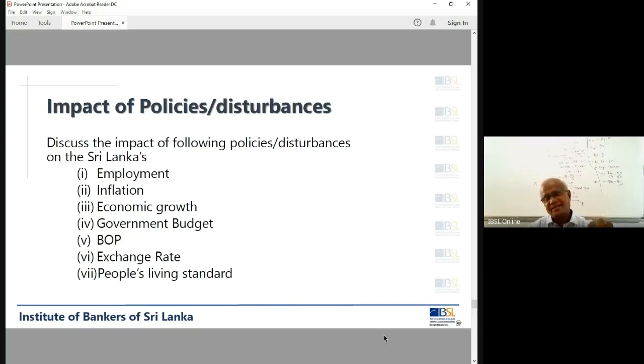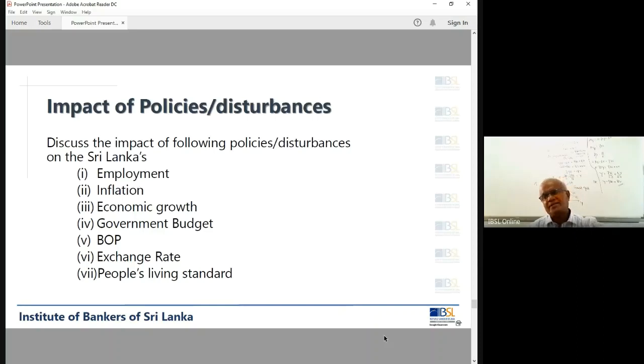Now these are the key variables. You can divide these variables into the real sector, monetary sector, fiscal sector, and the foreign or external sector. Employment, inflation and economic growth are real sector variables.